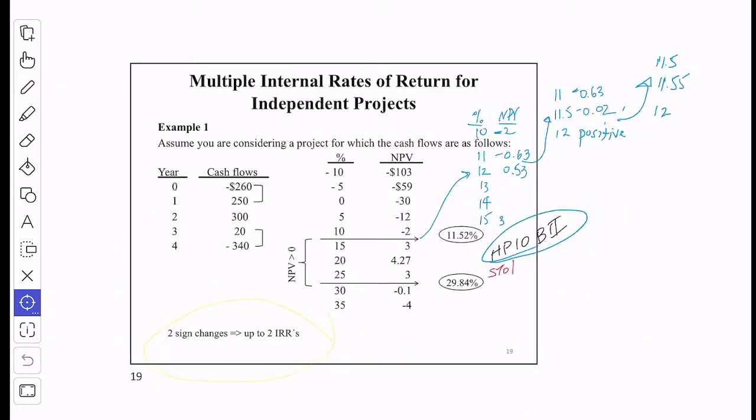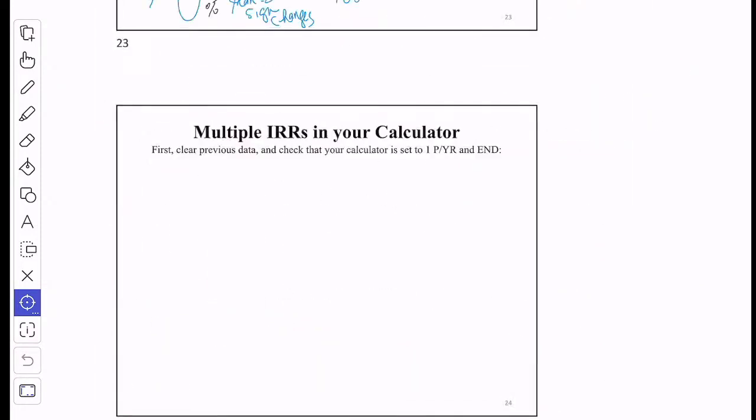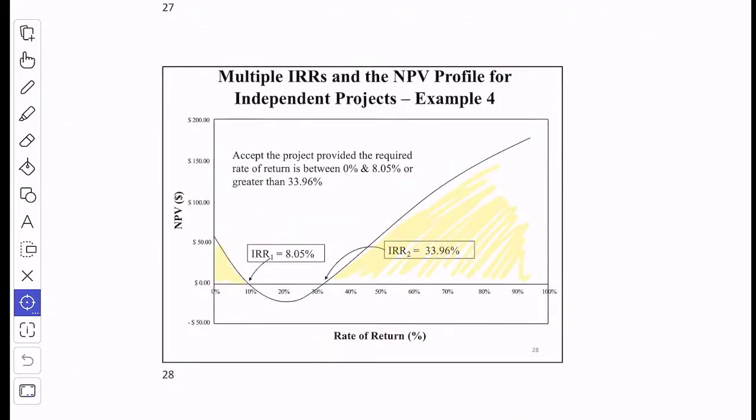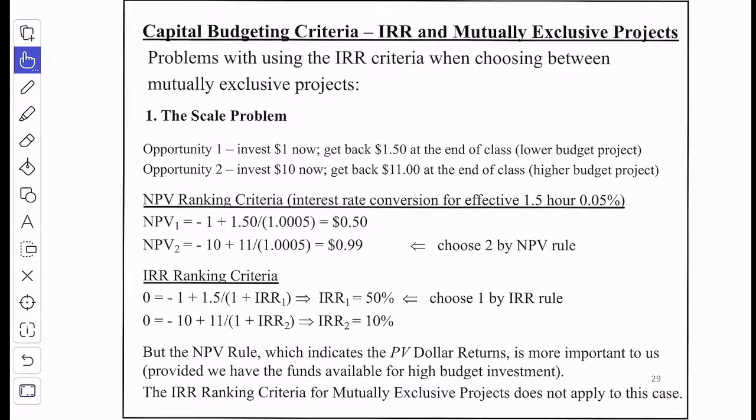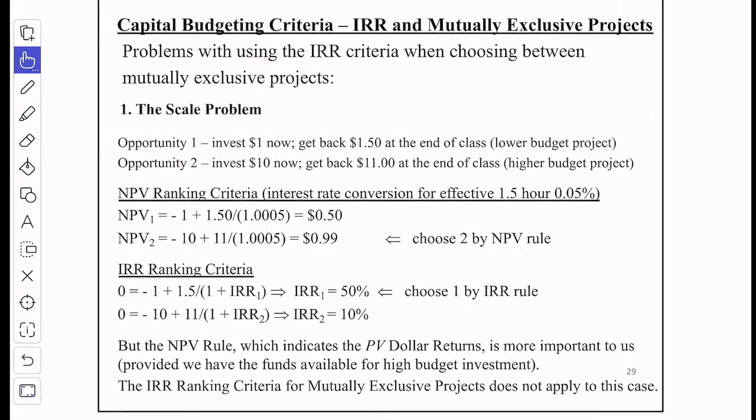So here we have the issue. The problem with mutually exclusive projects, picking between them, can be categorized as one of two problems. One is the scale problem.